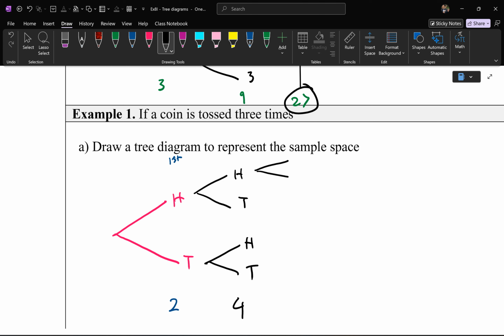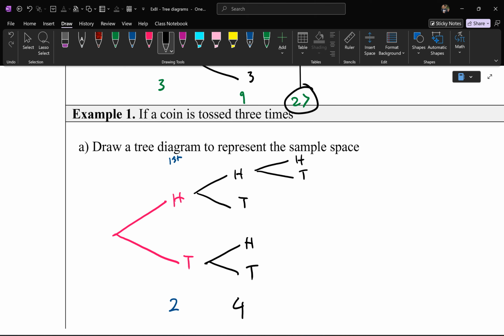So again, you could have H, T. So in 3 goes, you could have got H, H, H, H, H, T. Now we follow that pattern, you can draw it all out, but what's the total number of options that I would get? Have a think.